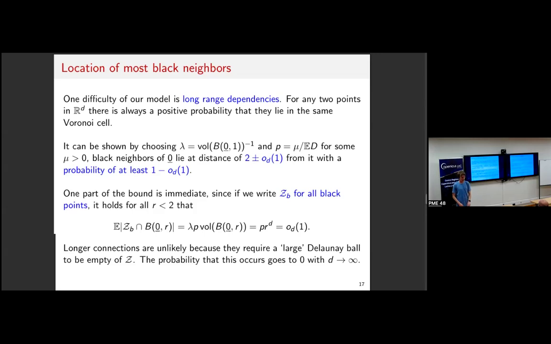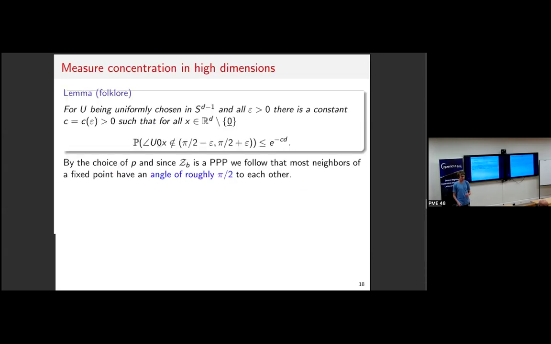There's one very important thing that we use all the time, and that's called measure concentration in high dimensions. So you maybe already saw this. It basically says if you pick a point uniformly at random on the d-dimensional sphere, or the d-1 dimensional sphere in d dimensions, and then you look at the angle that this uniform point makes with some fixed deterministic point, then most of the time the angle will be roughly 90 degrees.